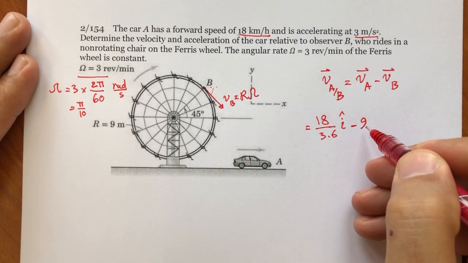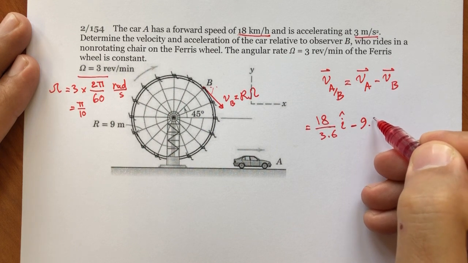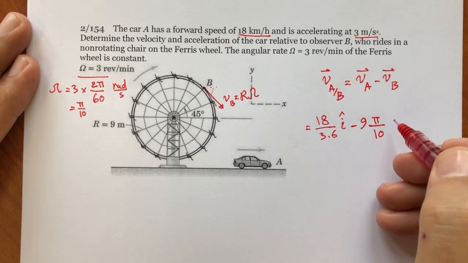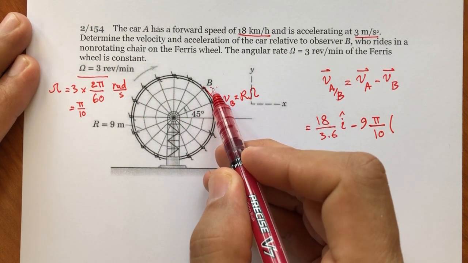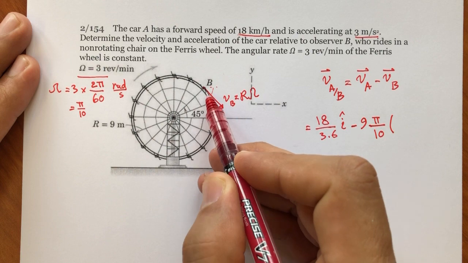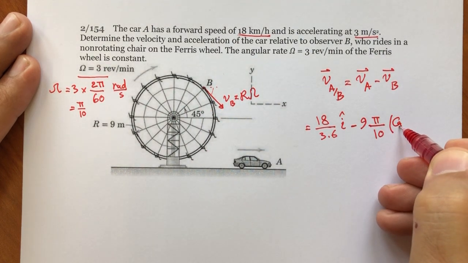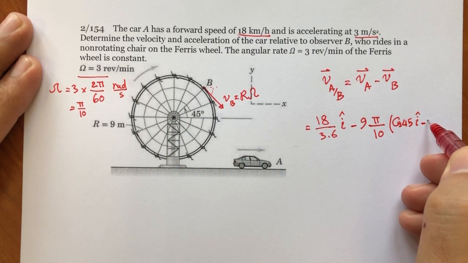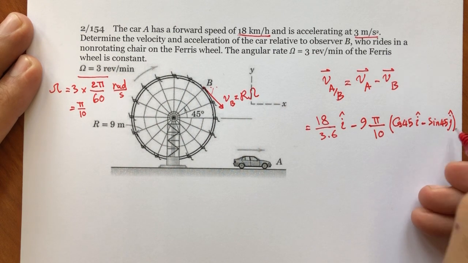So let's go back to the equation. We have r times omega, so r times pi divided by 10, which is omega, times the direction. And the unit vector in this direction is going to be cosine of 45 in the i direction minus sine of 45 in the j direction.